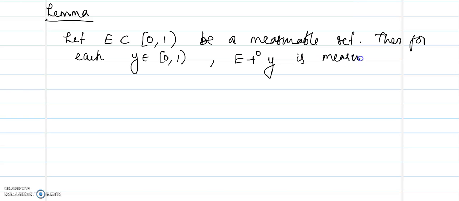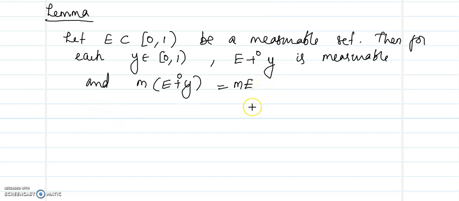We have defined what the set E plus y is. We can show that E plus y is measurable, and m of E sum modulo y will be equal to m of E.